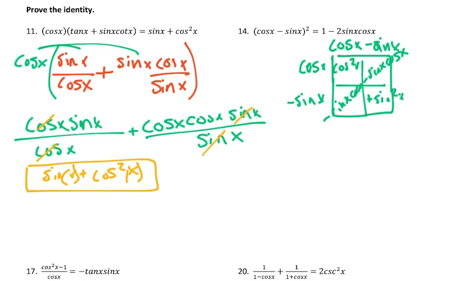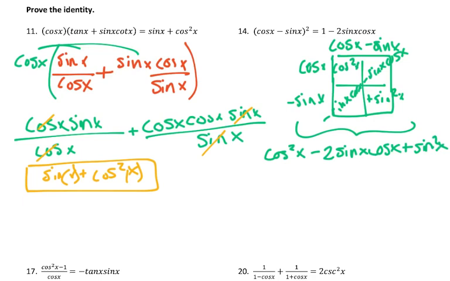So kind of a long result here to get us cosine squared of x minus 2 sine x cosine x, and then plus sine squared of x, because there are two of these negative ones, so you make negative 2.